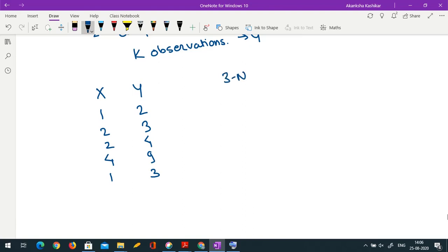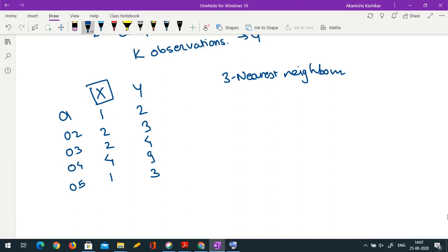And let us again go for 3 nearest neighbor. So what happens in the 3 nearest neighbor setup here? Because now I have to focus on distance based only on the predictor variables. So now computing distances is very easy. So for this, let me call this O1, O2, O3, O4, O5.